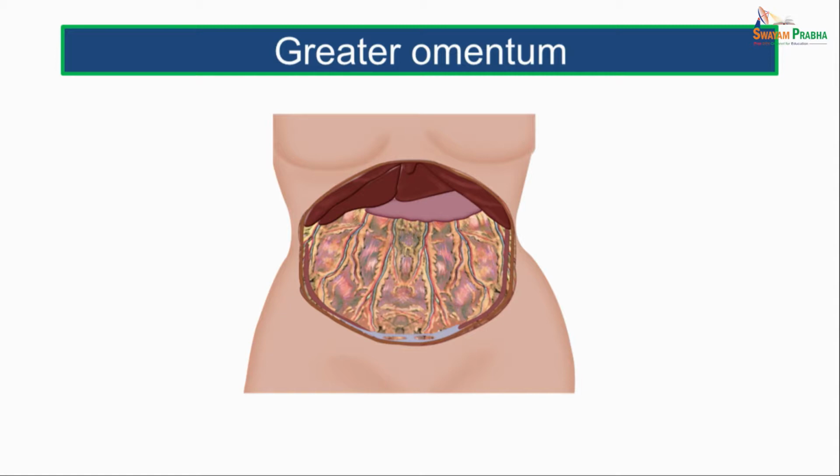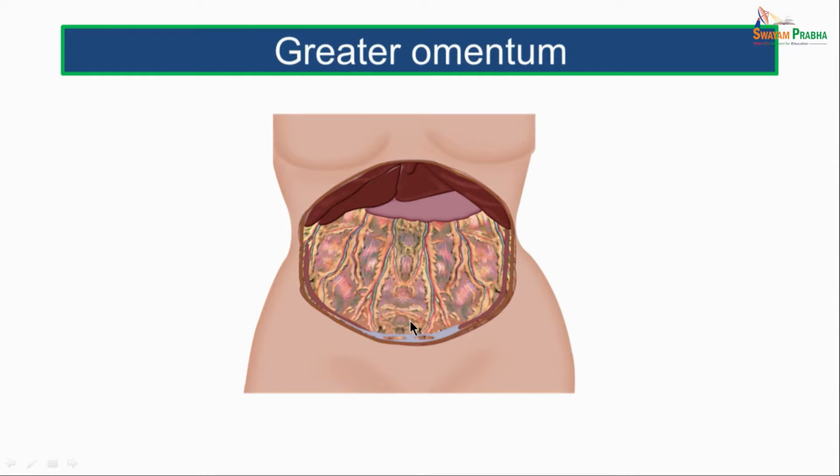This, as we said, is a four-layered structure. If we lift up, it has got three borders. It has got a well demarcated right border, inferior border and left border. Like an apron, it can be lifted up.